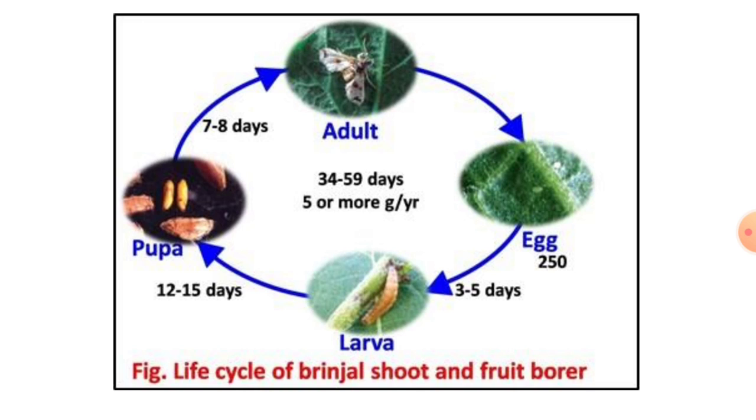After 3 to 6 days of incubation, eggs hatch into caterpillars, and the newly hatched larvae, which are known as caterpillars, start boring near the growing point of the tender shoot or fruits or flower buds of host plants. After 9 to 28 days, the caterpillar becomes fully grown by passing through 5 instars, means there are 4 times molting.